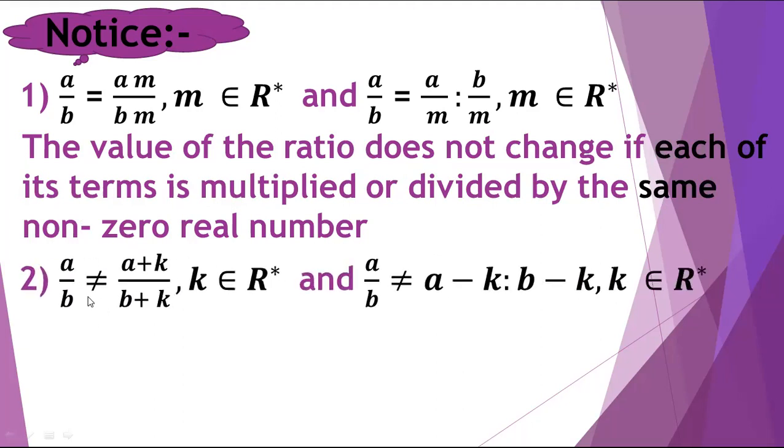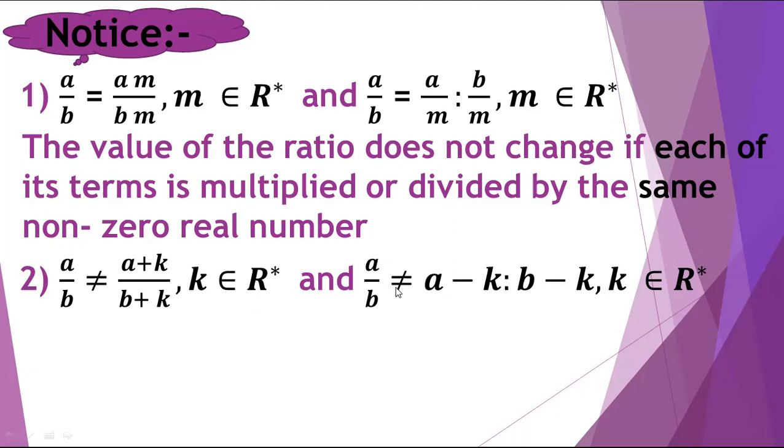Number 2. A over B is not equivalent to the ratio we get if we add a non-zero real number to the first term and the second term of the ratio. A over B doesn't equal A plus K over B plus K, where K is any real number except 0.